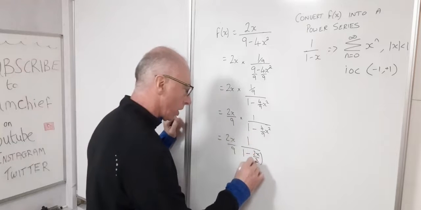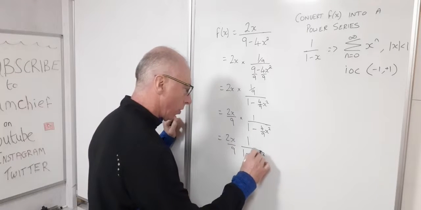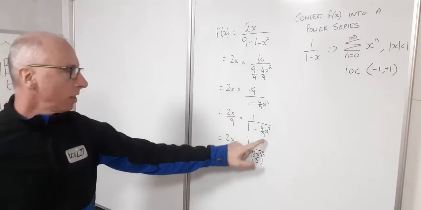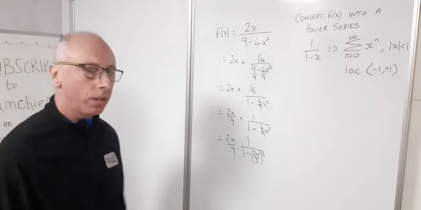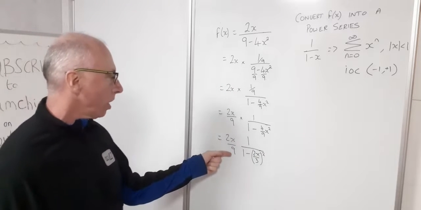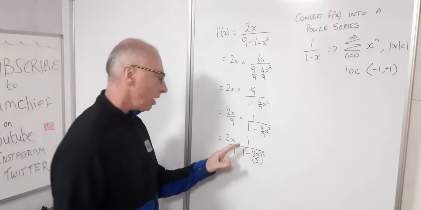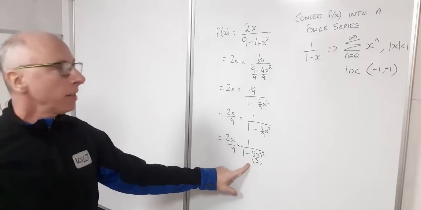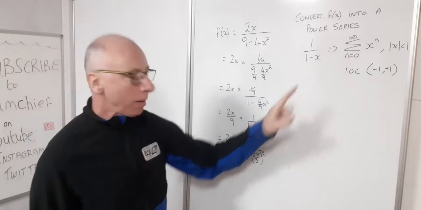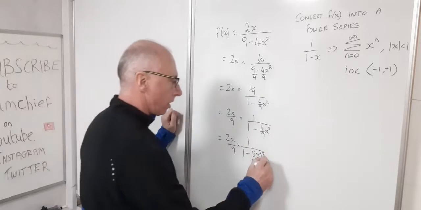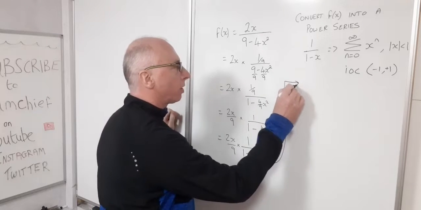Then I can just square the whole thing, so that is equivalent to that if I square that off. So now I've got 2x over 9 times this here. Now this here I can form into a power series already, so let's bring this up to here.